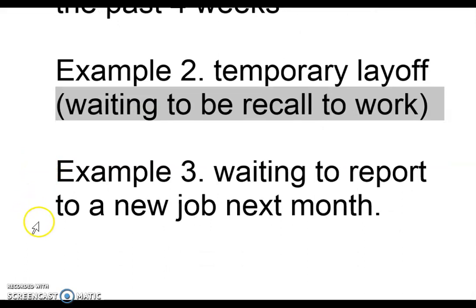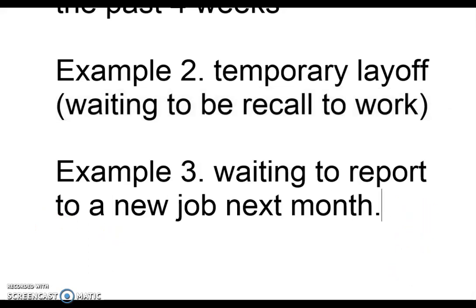Example number 3 is waiting to report to a new job next month. Well, most of us don't think that this is unemployed, right? However, think about this. Waiting to report to a new job means that this person at this moment doesn't have work, no job, right? And this person is willing to work.